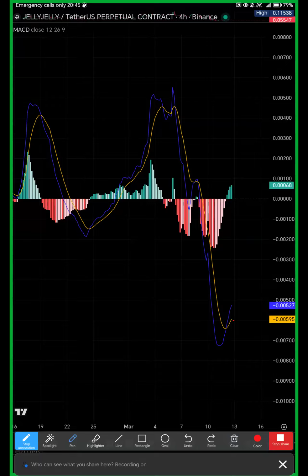Remember I said that the blue line is the MACD line and the orange line is the signal line. So when the blue line crosses the orange line, this type of crossover is called a golden cross.